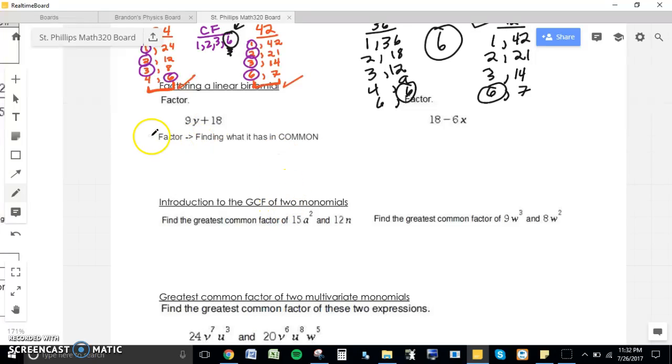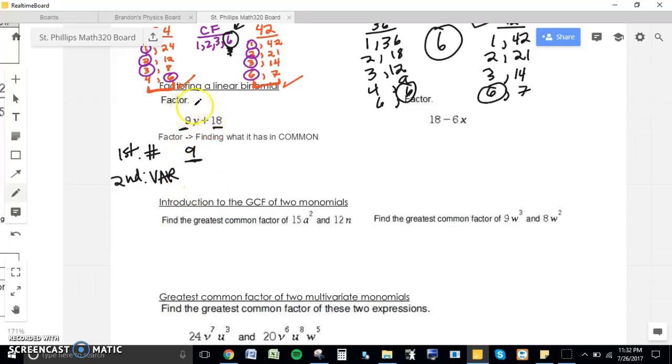So here's my rule. First, do the numbers. Second, deal with the variables. So what's the greatest common factor that I have between 9 and 18? Well, we know 9 fits into 18, so 9 is our greatest common factor.